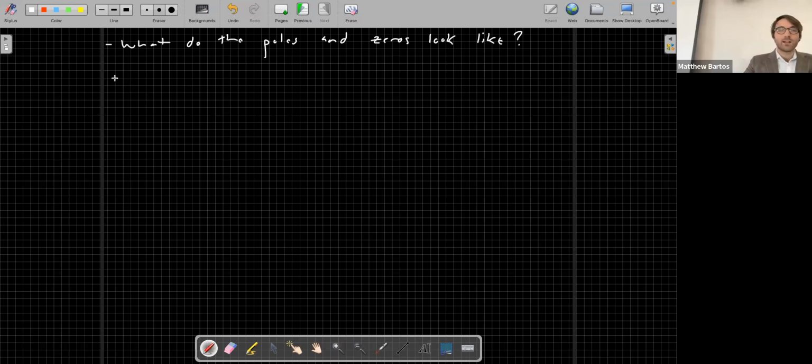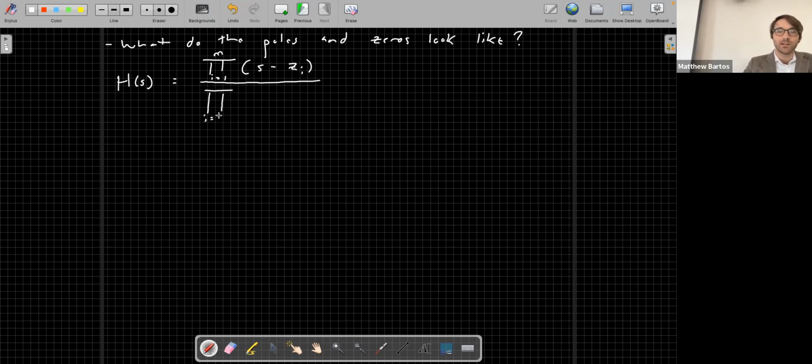So we have that our transfer function H of s, as before, we can factor it into a set of zeros and poles with the zeros on the numerator. So we have s minus z_i, for i equals 1 through m, as in Mike, for the numerator.